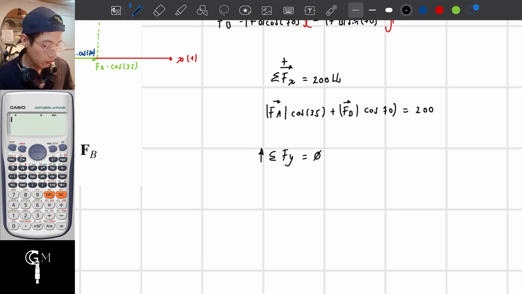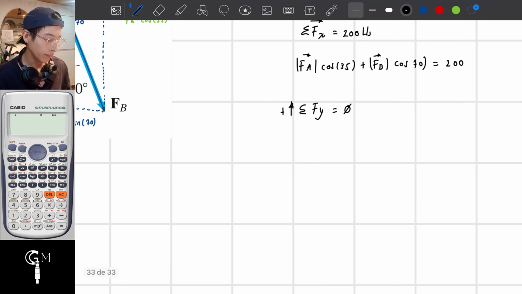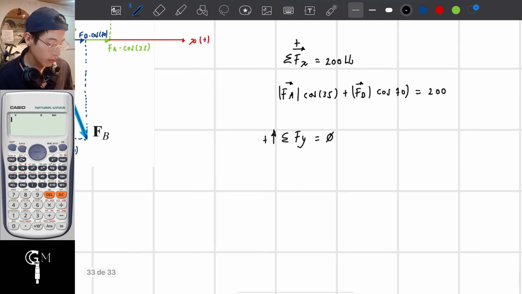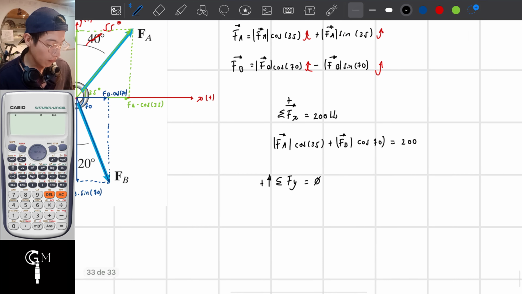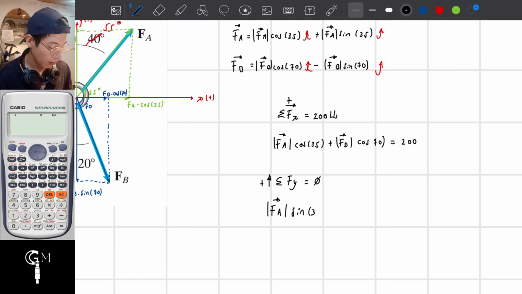Now, once again, I'm going to write down this statement, and basically I'm going to write down the information within the second column. FA sine of 35 minus FB sine of 70.